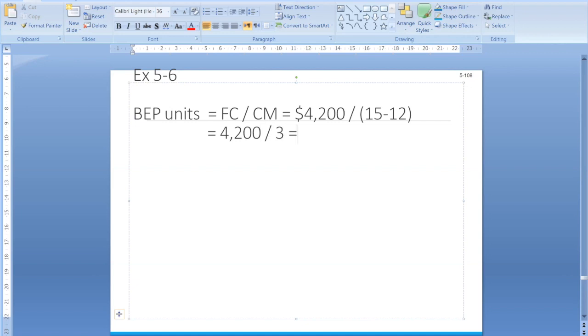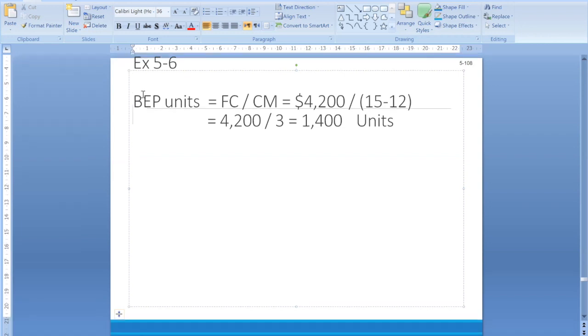This equals 1,400 units. 1,400 units. Okay. This is for the first exercise. What is the break-even point in units?